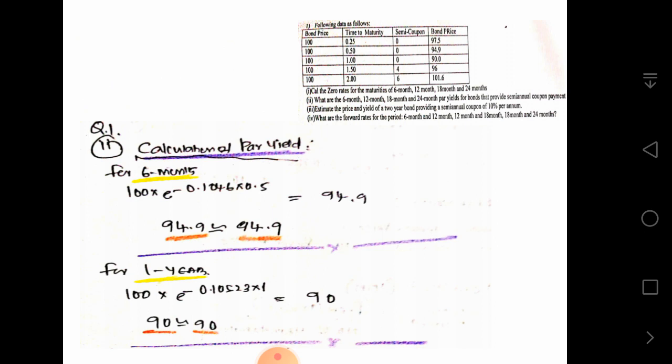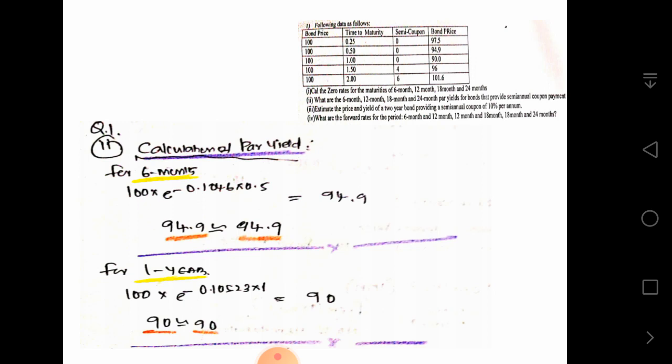Similarly, let us calculate the second sub-question, that is the par yield. What is the yield if the bond is issued at the face value? To calculate that, I need to take the par yield. For 6 months, the par yield can be calculated by taking the face value of the bond into e to the power of minus 0 rate into time, which should be equal to the current market price of the bond.